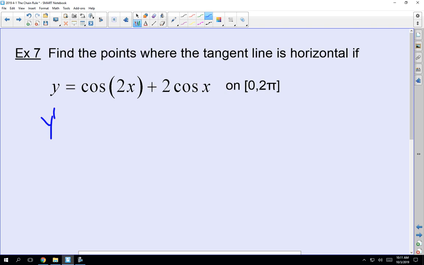So y prime is equal to, what's the derivative of this guy? 2 sine 2x. You've got to have the 2x as the argument in there. You've got to have that 2 out in front, which is the derivative of, oh, negative x. Right. Negative 2 sine 2x minus 2 cosine of x.